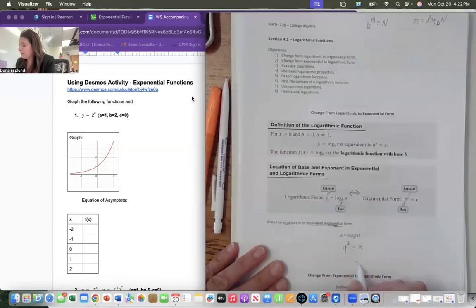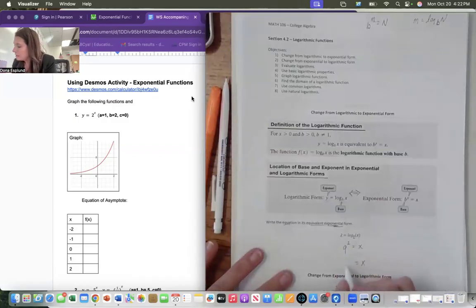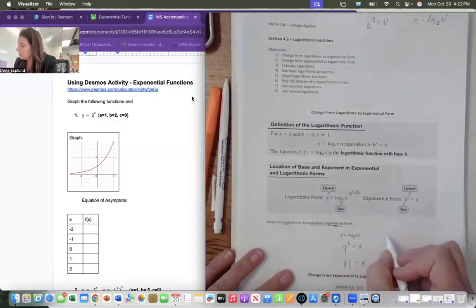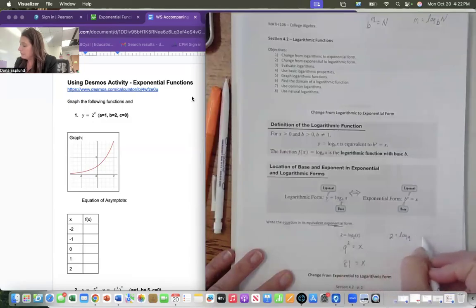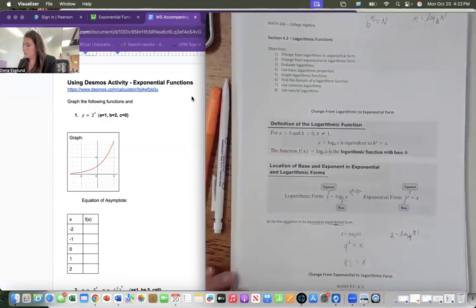And if I have 9 to the second power, I want to change that to 81. So when you have 2 equals the log base 9 of 81, that means you're saying 9 to what power is going to be 81, and that's going to equal your exponent, which is 2.